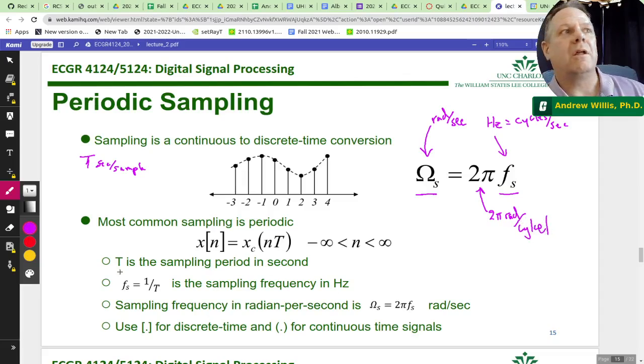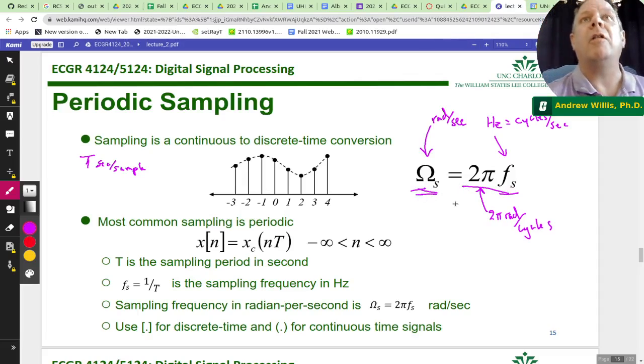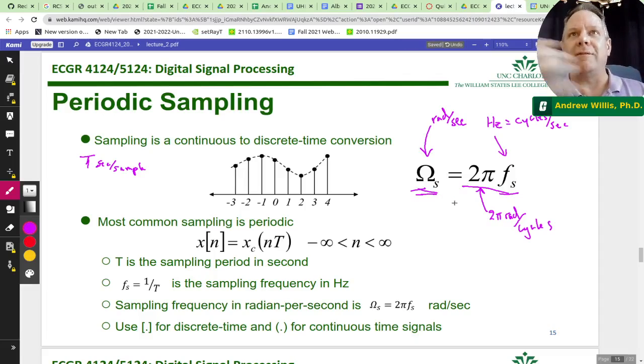Using that conversion, these equations I am hoping you've all seen before. 2 pi radians per cycle times cycles per second gives you radians per second. So this equation you can just see as a units conversion. You don't really need to memorize these equations if you just know what the units of things are.